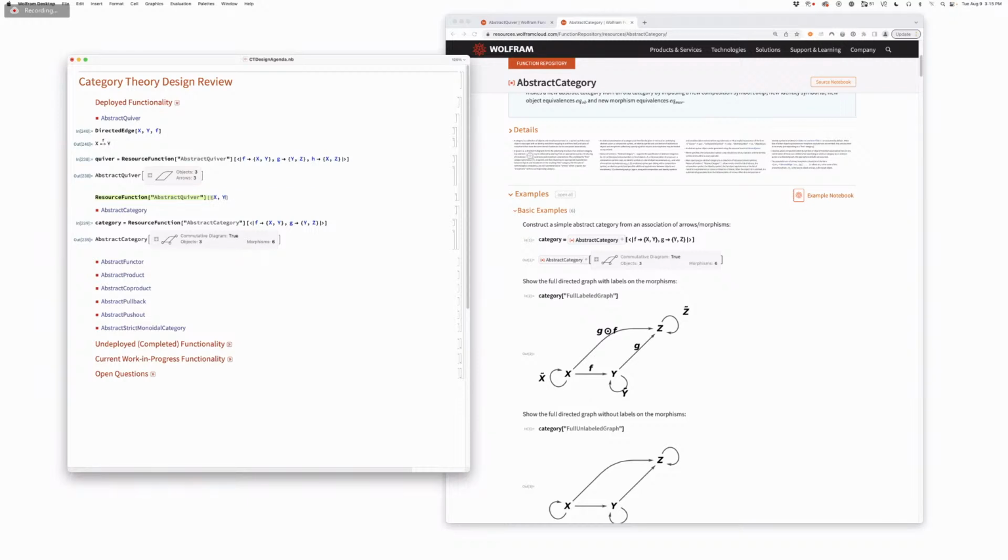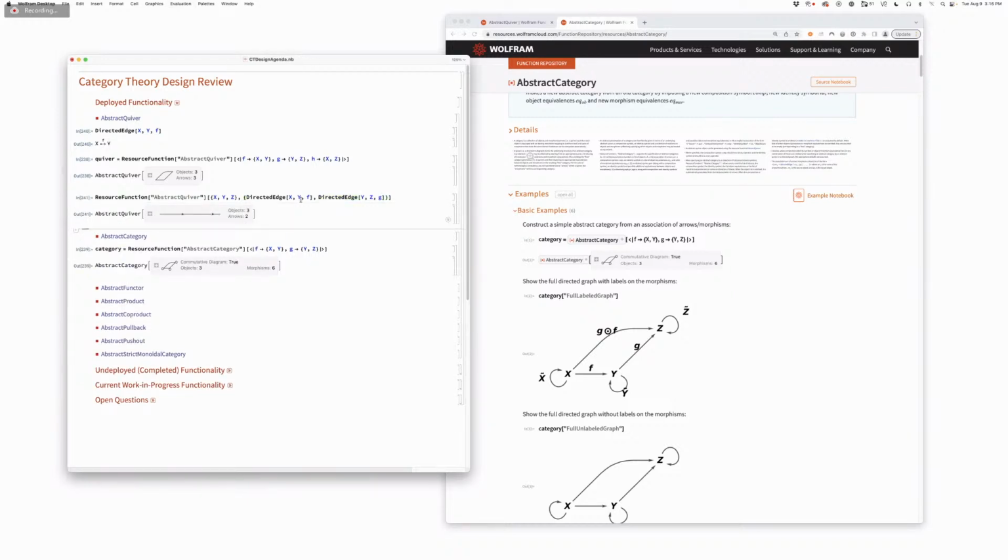So X, Y, Z, and then a directed edge X to Y, and a directed edge Y to Z, G. It may not pick up the names correctly.